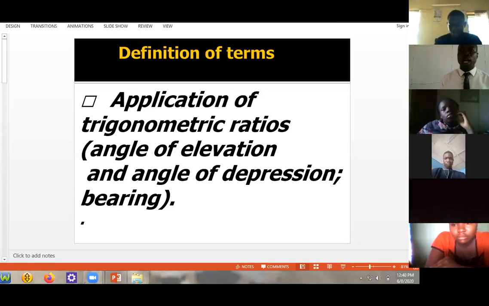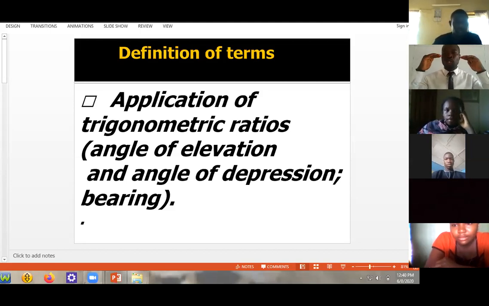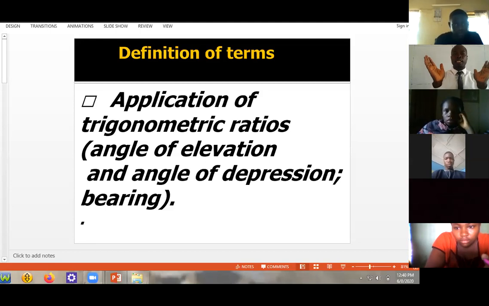Now, everybody look straight, just look straight horizontally. Anything that will make you look upward above your normal height is said to be angle of elevation. You have elevated your sight. You were formerly looking straight, but at a time you need to look up, maybe to see that butterfly that is flying.